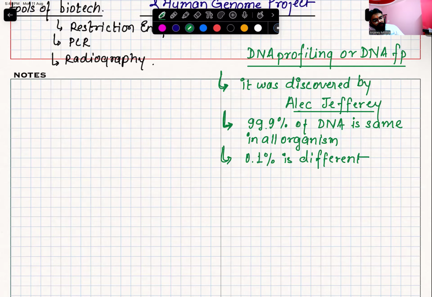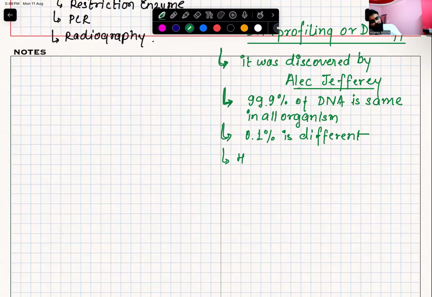Now you might be thinking, sir, 0.1% is such a small amount. But if we look at the human genome, it is 3 into 10 to the power 9 base pairs. And out of that, 0.1% of the human genome is how much?